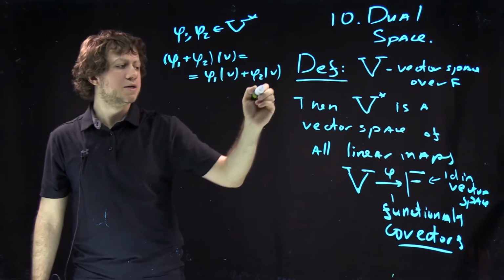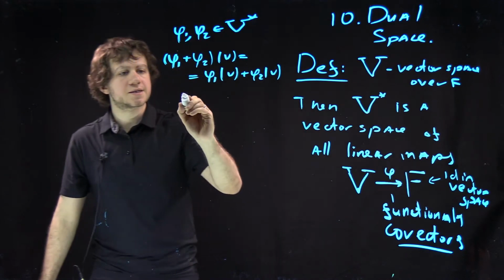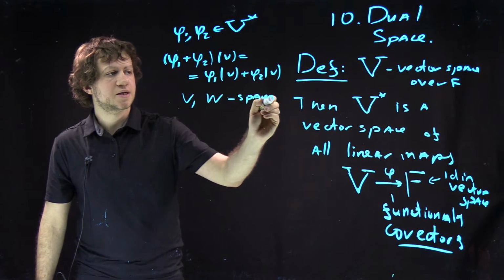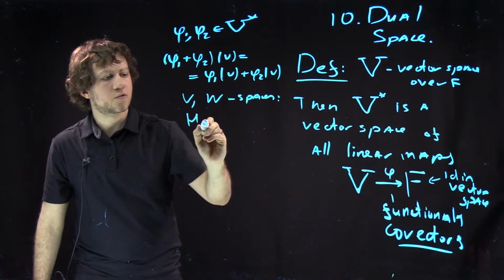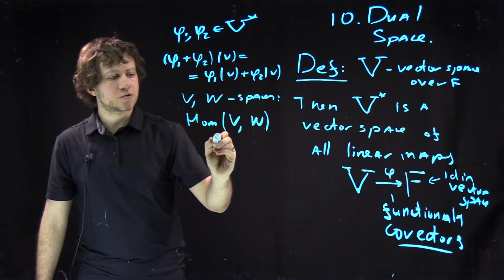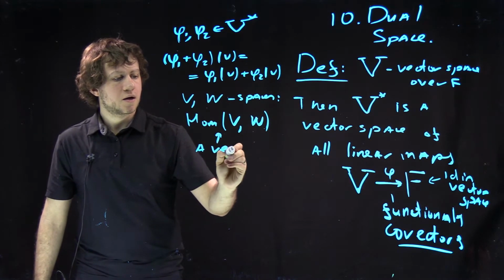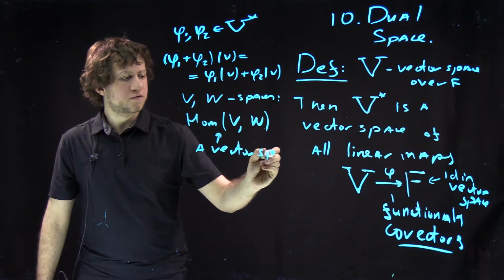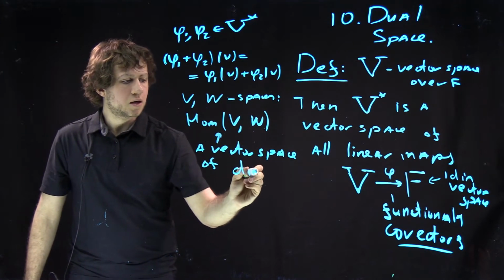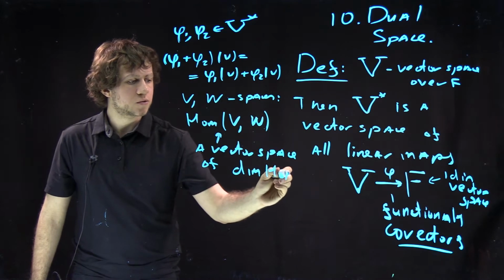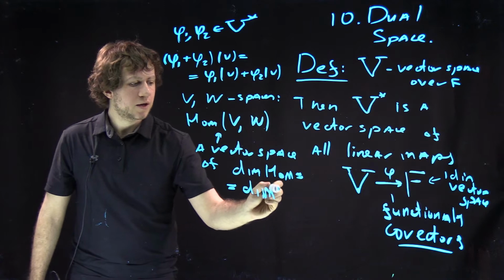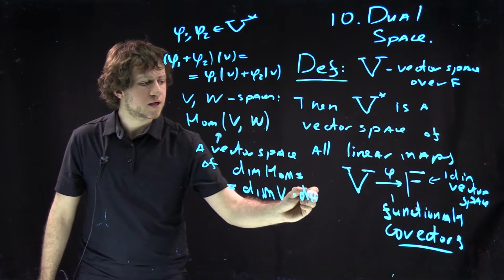And this we already discussed. If you remember, we even discussed that if V and W are vector spaces, then we can look at Hom from V to W, just all linear maps between V and W, and this is also a vector space of dimension of this Hom equal to dimension of V times dimension of W. And we even talked about how to think about it.